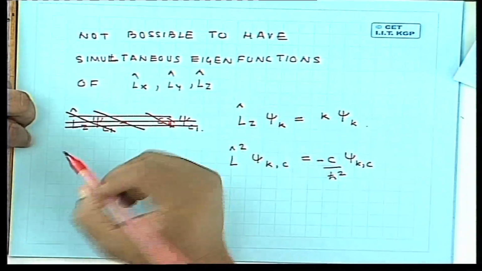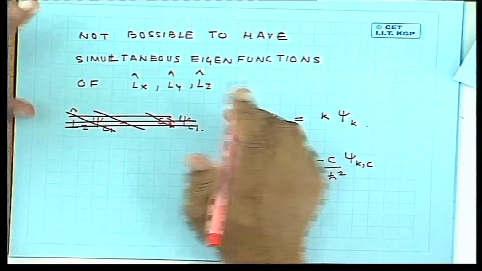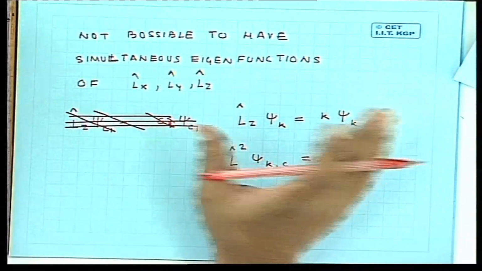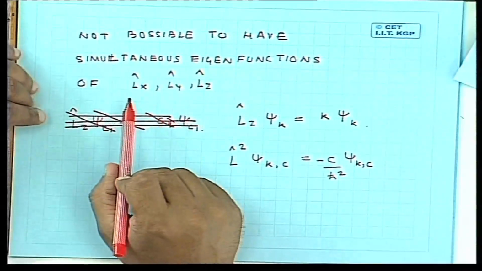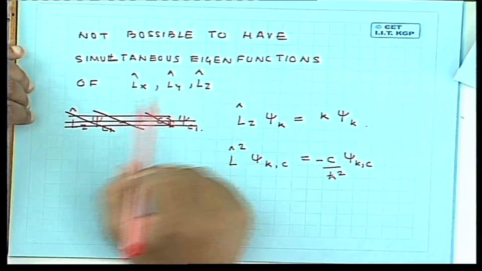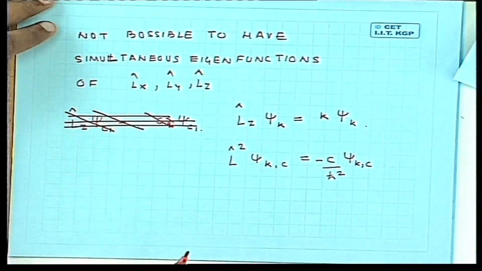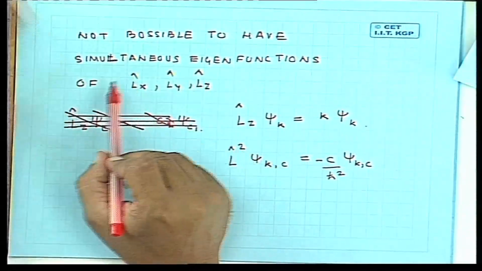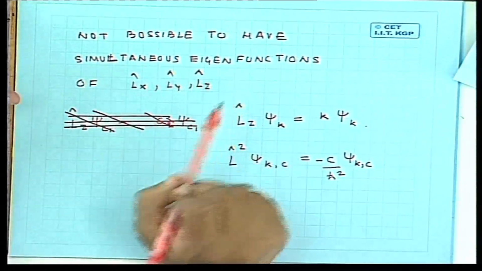So this gives us some uncertainty relation between the values of Lx, Ly and Lz, because I cannot precisely fix the values of all three, as I cannot have simultaneous eigenfunctions of all three. So we are brought back to the uncertainty relations once more. We have seen that the wave nature forces us to have some uncertainty between position and momentum.